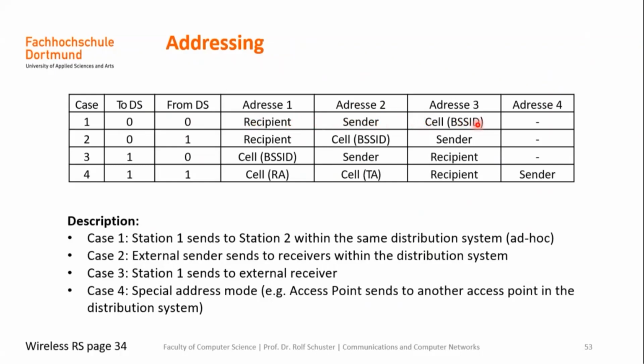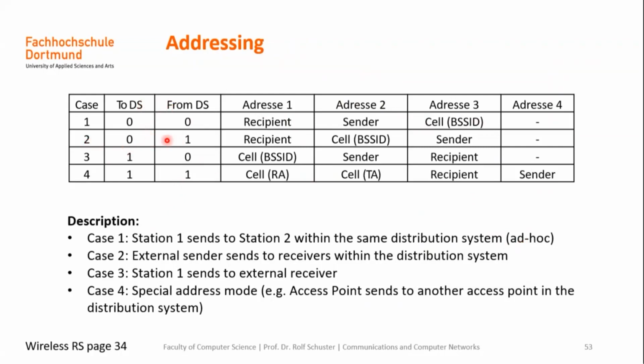In the case of working with infrastructure mode networks, typically when we use access points, the access points in this case are referred to as distribution systems. Then typically we have 3 cases.